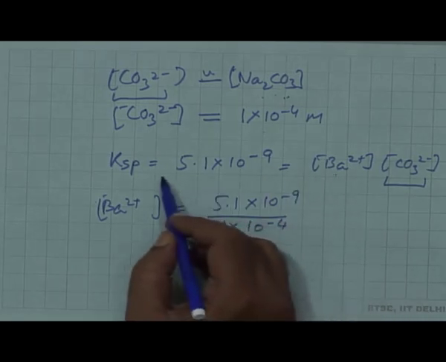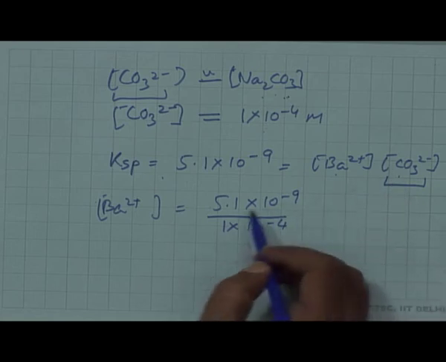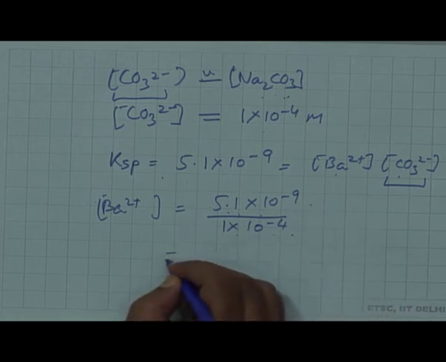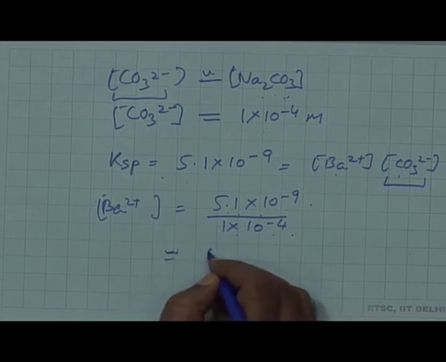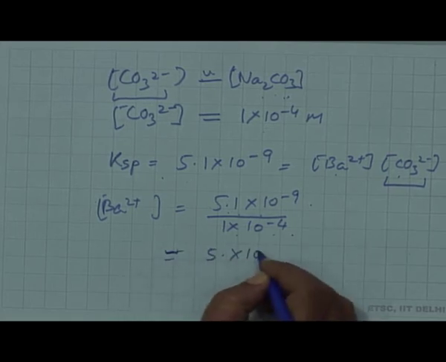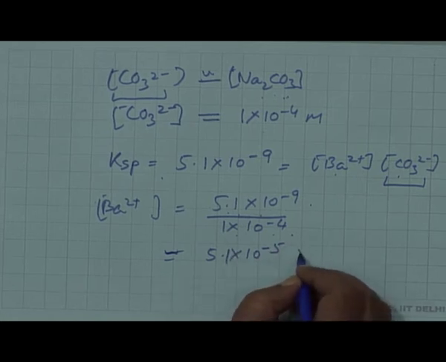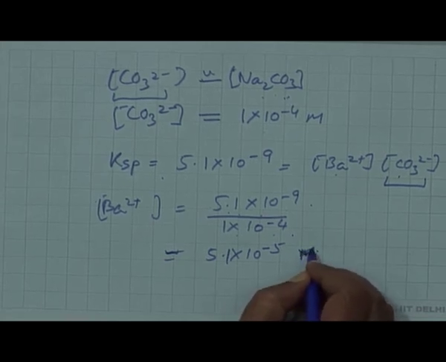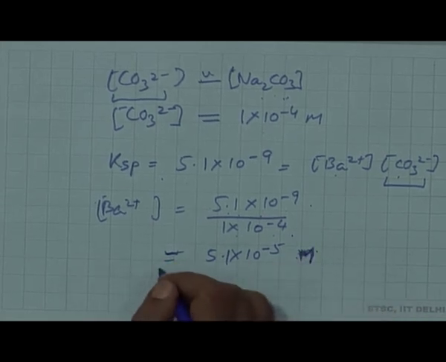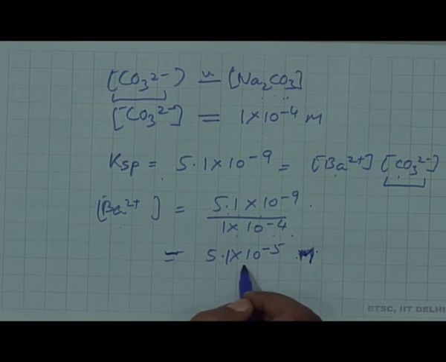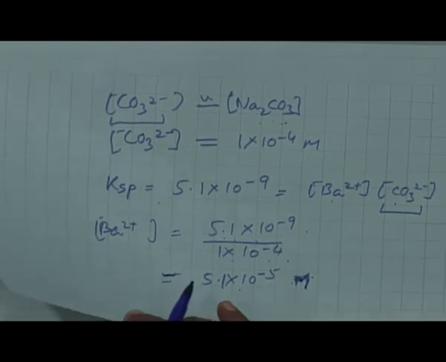Barium 2 plus ion is Ksp divided by carbonate ion concentration, and that is equal to 5.1 into 10 to the power minus 5 mole per liter, or molar. Till this point there is no precipitation, but after this precipitate formation will begin.